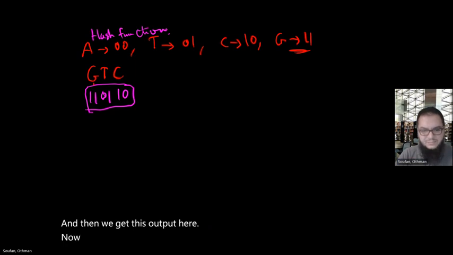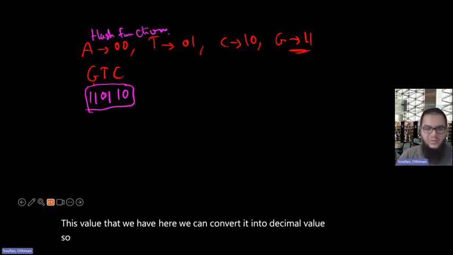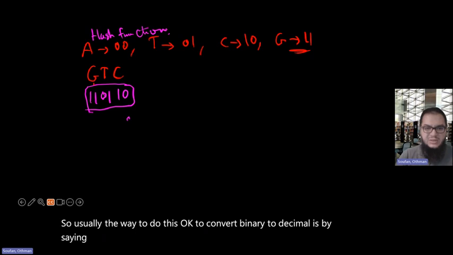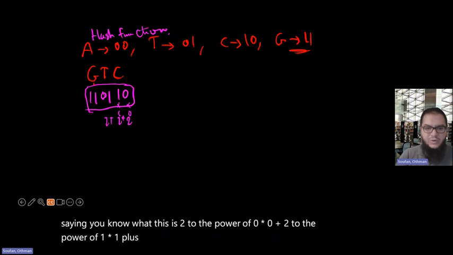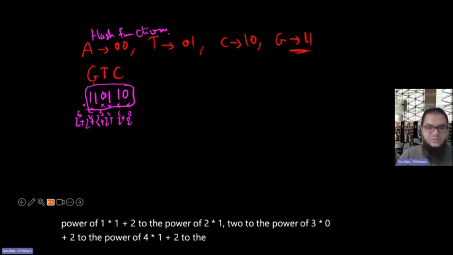Now, this value that we have here, we can convert it into a decimal value. Usually the way to convert binary to decimal is by saying this is 2 to the power of 0 times 0 plus 2 to the power of 1 times 1 plus 2 to the power of 2 times 1, 2 to the power of 3 times 0 plus 2 to the power of 4 times 1 plus 2 to the power of 5 times 1.